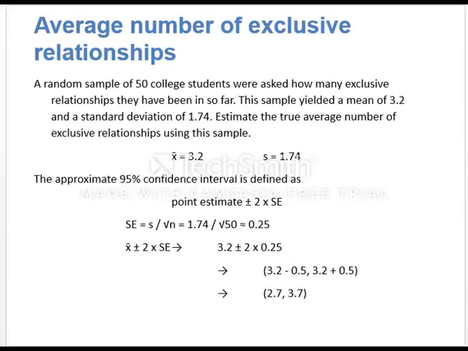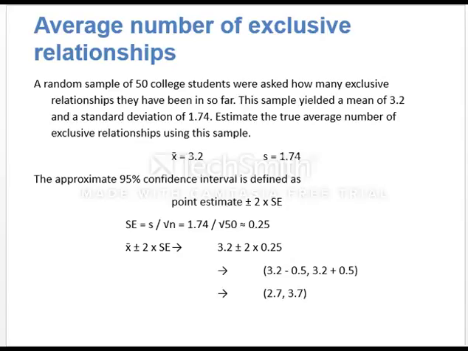That's impossible. But 3.2 should be interpreted as a long-run average of the number of exclusive relationships. So we'd expect a lot of the students to be reporting that they had 3 exclusive relationships, or maybe 4, and maybe there are a good number that said 2, but perhaps not so many that said 0, and not so many that said, I don't know, 15.